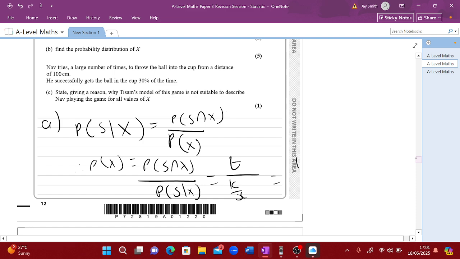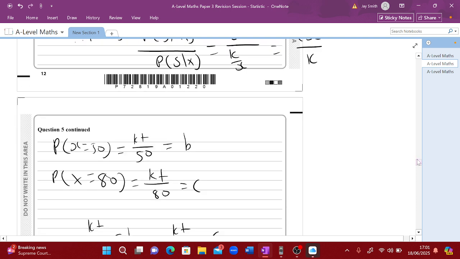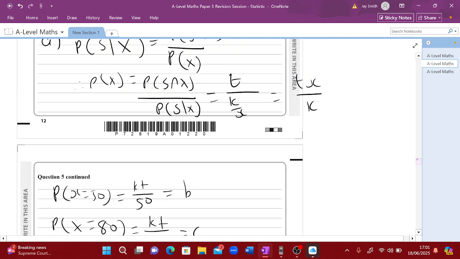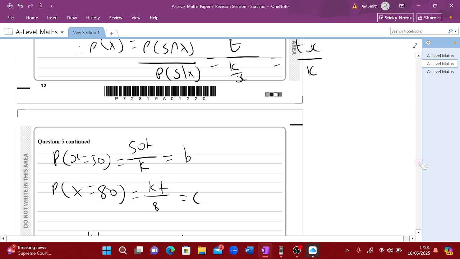So that's going to be tx over k for the probability. Okay, so that would mean p of x is 50. That's going to be 50t over k, which is b, and then likewise for x is 80, that's going to be 80t, because it's xt. So 80t over k for c.